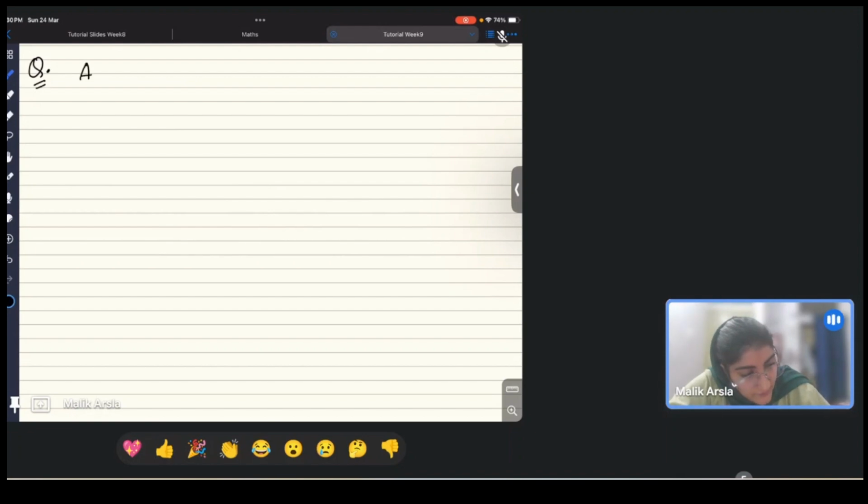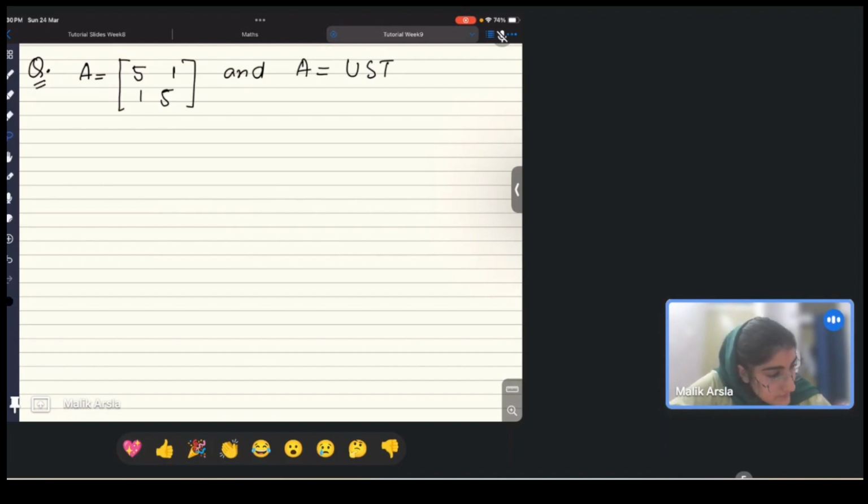See, we have been given a matrix A equal to 5, 1, 1 and 5, and its singular value decomposition, USV transpose.